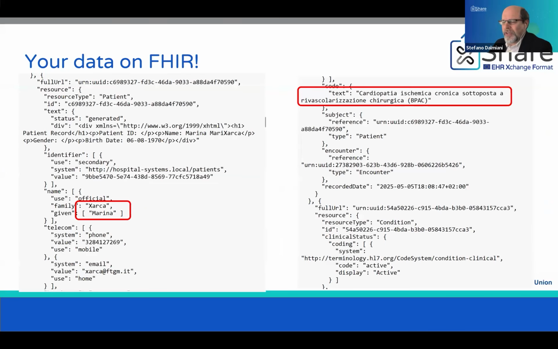And this is perhaps too technical, but it shows that we are not talking about paper, we are talking about data that can be processed between different servers or computers. You can see here the patient name, Marina, and a condition that affects Marina and that, for example, brought Marina to our hospital for an investigation.